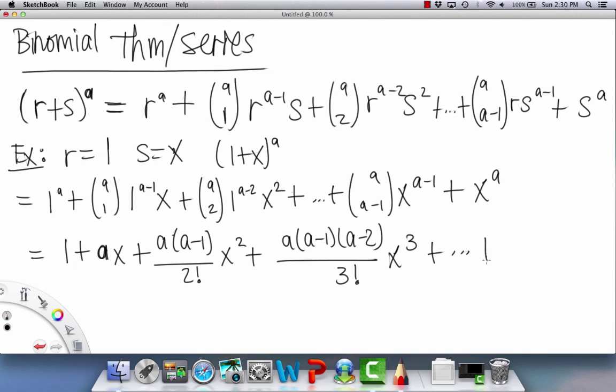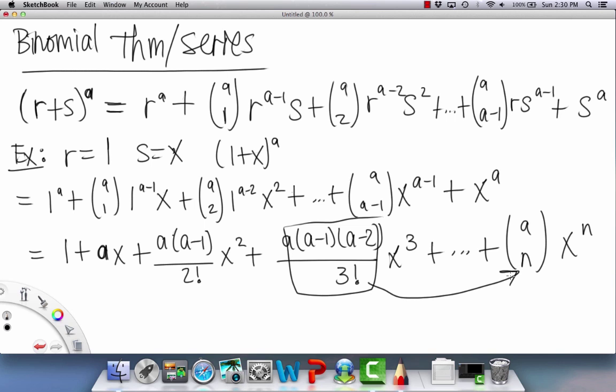Basically, the form that we have here is our binomial coefficient, a choose n, times x to the n. This part is represented by the binomial coefficient, and our terms are determined by x to the n power. So this is the general form.